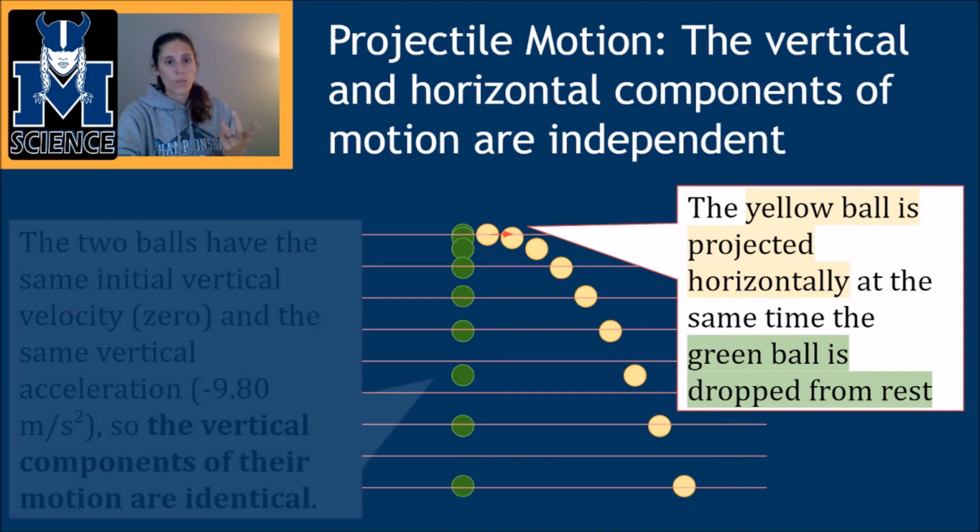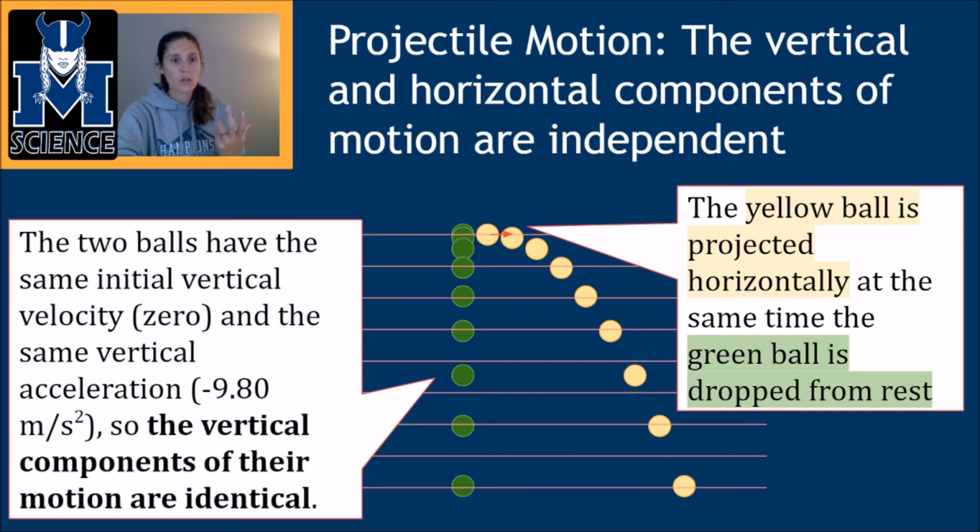So basically, the two balls, since they both have the same initial vertical velocity, which is 0 for both of them, the green one is dropped, and the other one is given a horizontal velocity, but no vertical velocity. So they're both on Earth, we're assuming, right, and have an acceleration of negative 9.8 meters per second squared.